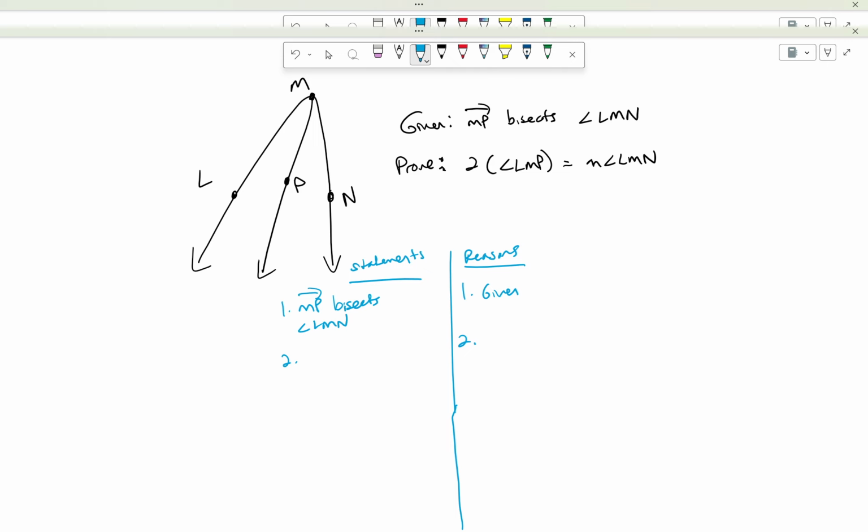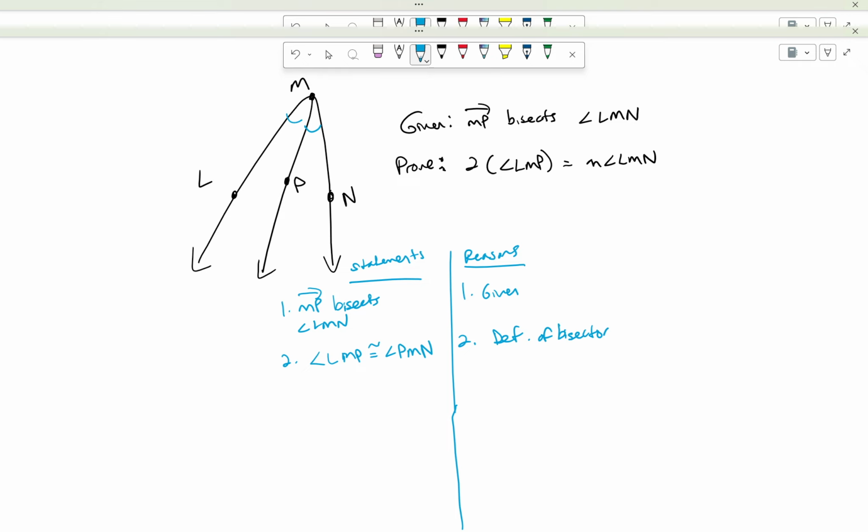Number two, we are going to show that angle LMP is congruent to PMN. The reason is that we were told MP is the bisector, so it's the definition of bisector. It creates two congruent angles. Some people just think, oh yeah, bisects because it creates two angles. No, no, no. They have to be congruent.